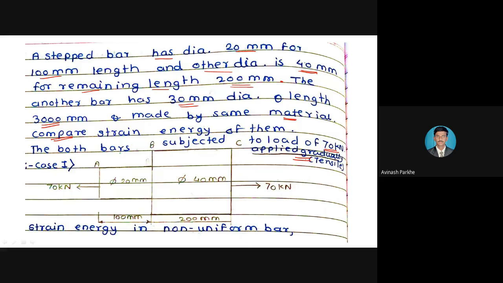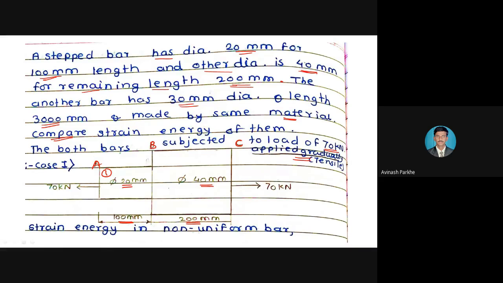Please understand the statement. Whatever the first statement is given, 20 mm diameter, 100 mm length, stepped bar, another diameter 40 mm and length is 200 mm. That means one stepped bar is given. In the figure in front of you, you can see A, B and C. Section number 1 has diameter 20 mm, length 100 mm. Second section is connected to section number 1 having diameter 40 mm, length 200.